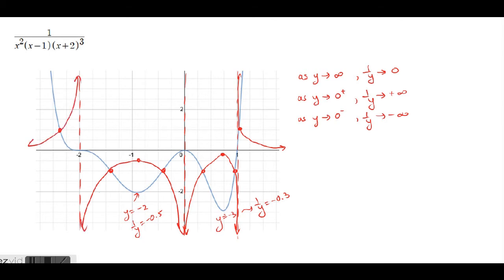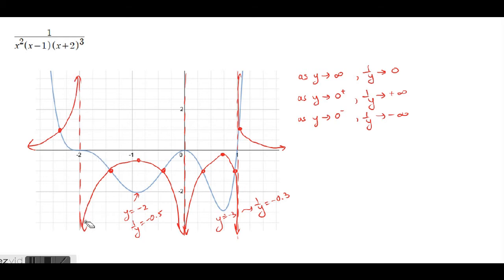Now I want to talk about some key things that you might want to remember for future reference. Just like with multiplicity with polynomials, with the reciprocal you can also notice specific patterns for what happens near the vertical asymptote. At x equals -2, for example, the multiplicity is odd. Odd multiplicity implies that the behavior near the asymptote will be in opposite directions: if this is up, this one's down.